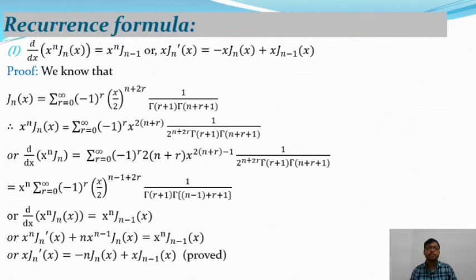Okay, so it is equal to x to the power n Jn minus 1 of x, or x into Jn dash x, the first order differentiation of Jn x, is equal to minus n Jn x plus x into Jn minus 1 of x, where Jn x is the nth order Bessel's function and Jn minus 1 of x is the (n minus 1)th order Bessel's function. Okay, this is the recurrence relation or the recurrence formula for the Bessel's equation or the Bessel's function.